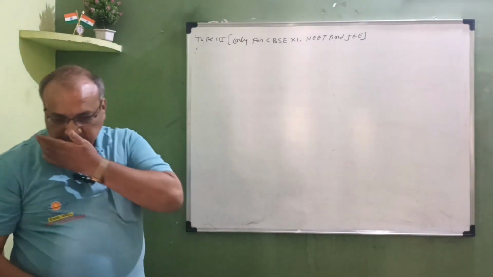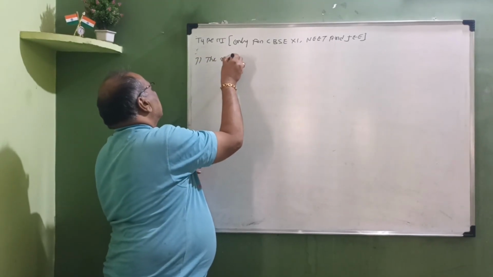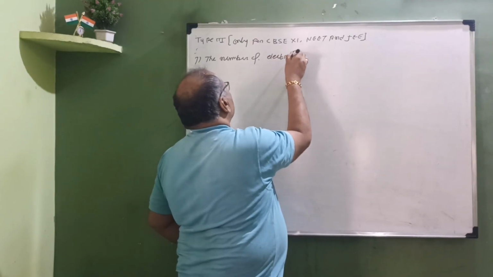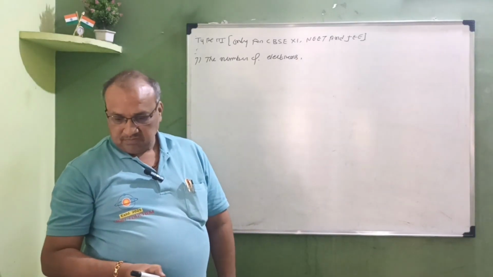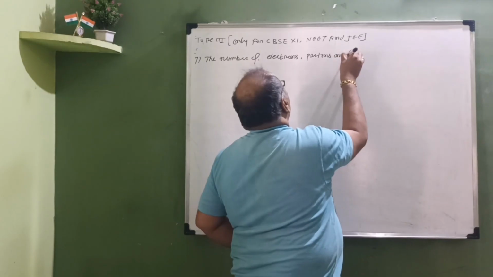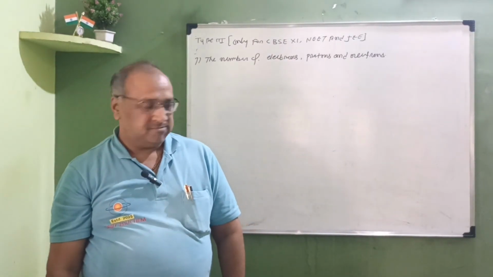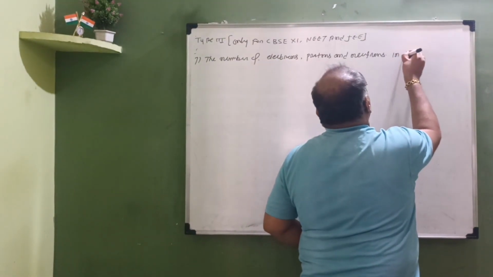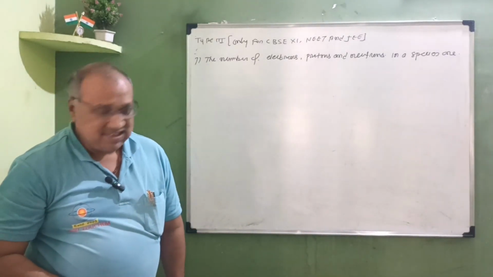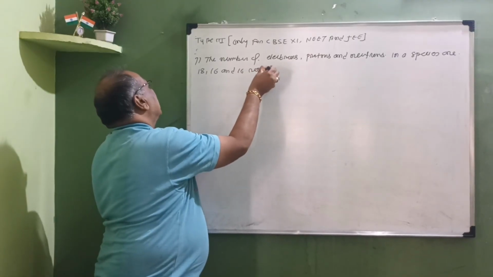Now here write down, the number of electrons, protons and neutrons in a species are 18, 16 and 16 respectively.